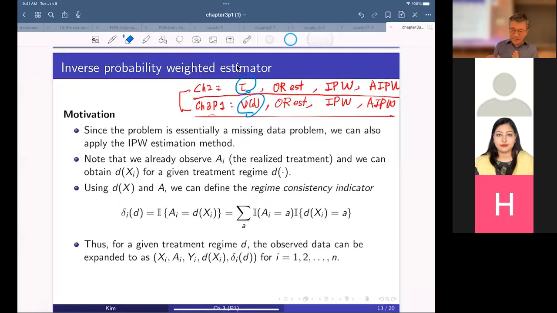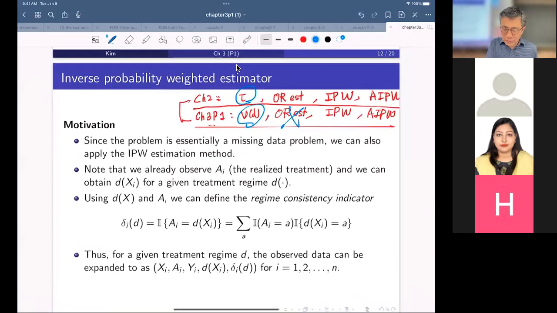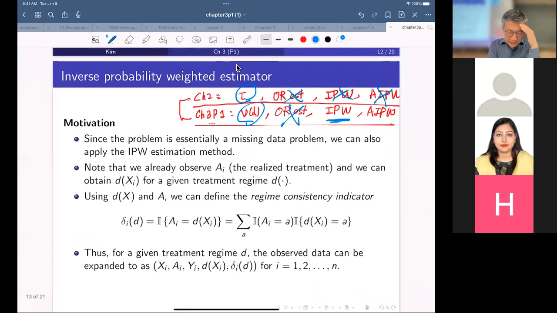Now IPW. I just covered this one, so now I'm going to talk about this. Since the problem is essentially a missing data problem, we can also apply the IPW estimation method.